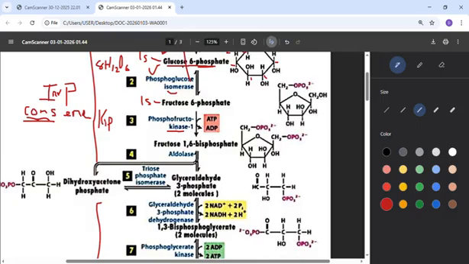Now why are we still using kinase here? It's because we need another phosphate. As you can see, this one has only one phosphate, but now we have 2 phosphates here. Since we have 2, it means the phosphate we borrowed has been added to this, and the name will change to fructose 1,6-bisphosphate. Why? Because the fructose structure is still what we are seeing here.